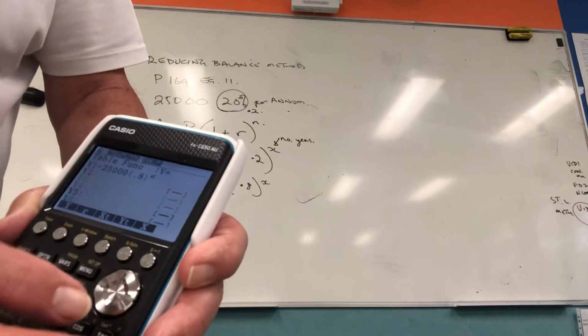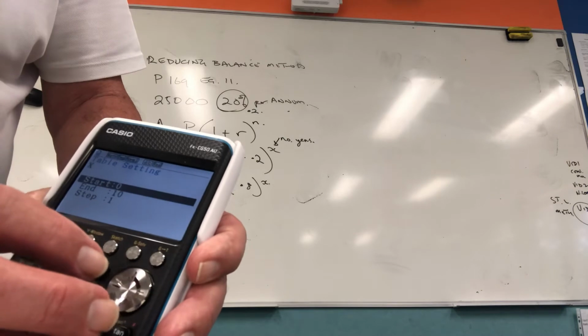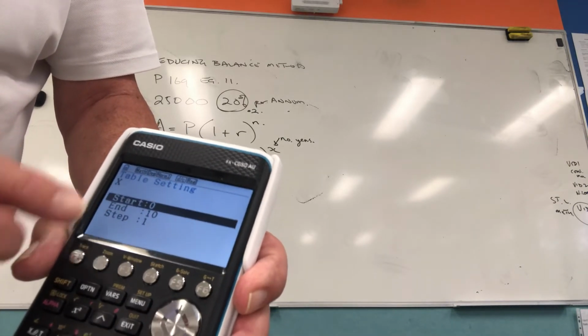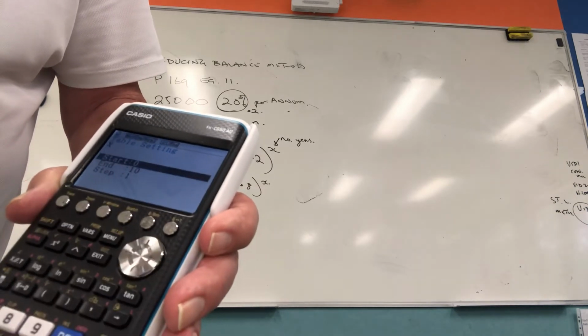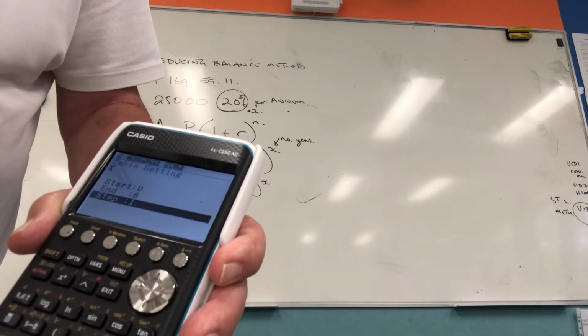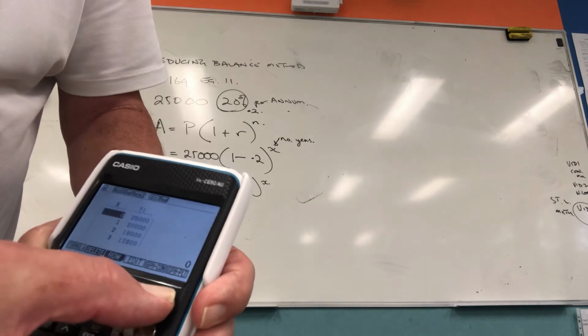Okay, now I execute, I set it. It says I've got to do it for 6 years. I start at 0, execute, oops, wrong one, set it, drop down to the next one, which is 6 years, steps of 1, now I'm okay, execute, draw my table.